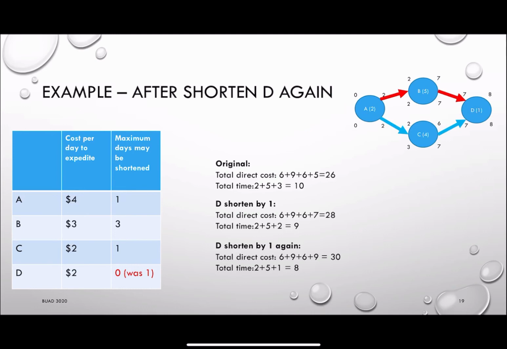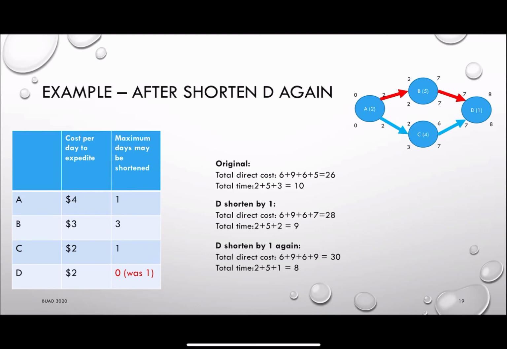Alright? However, if I try to see the maximum days that can be shortened, you may say that, okay, for activity D, the cost will be $2, so I try to reduce D by 1 unit of time. But you cannot do that, because D can be shortened by 2 units of time only, and you have done that already.